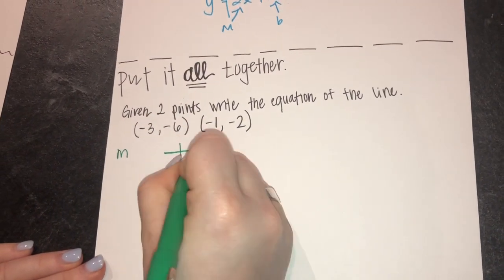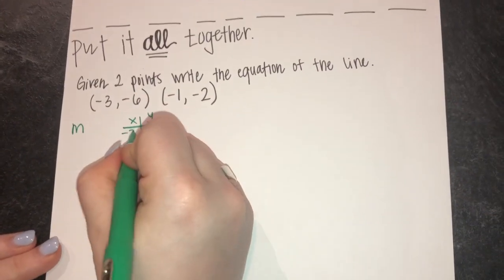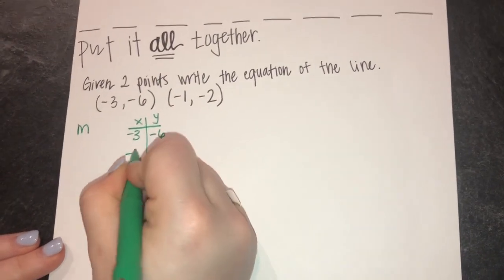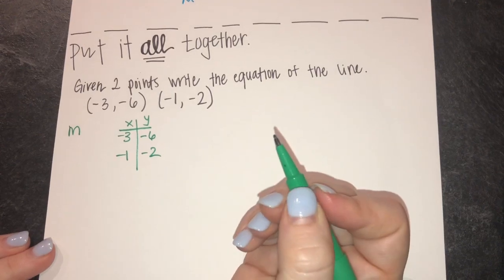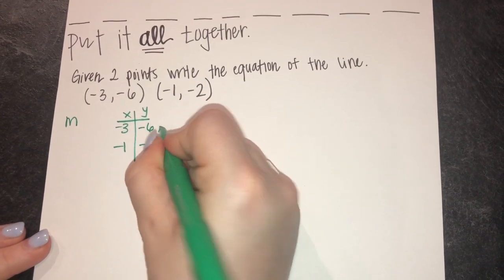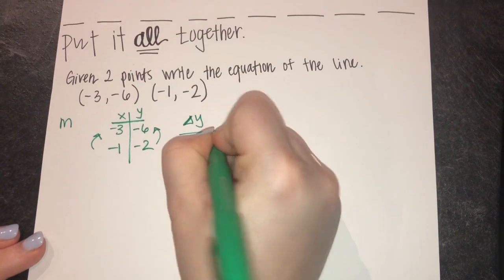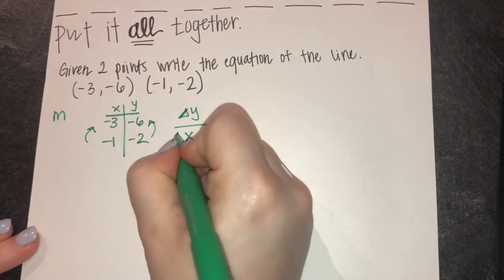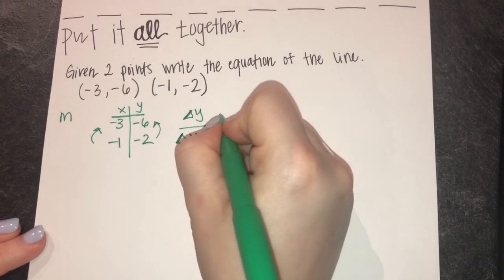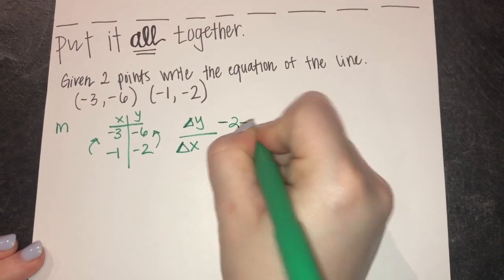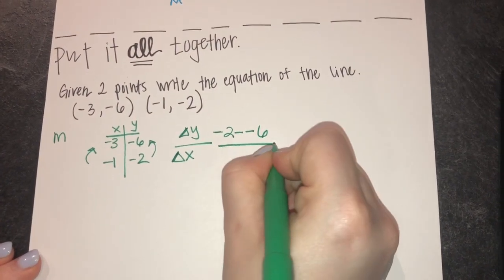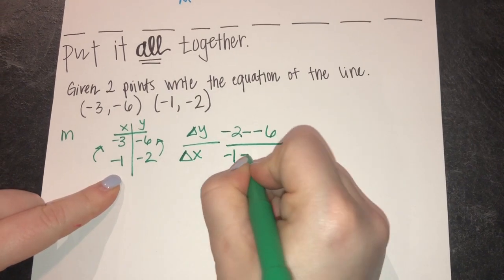So I'm going to take these 2 points and I'm going to put them in a table. So we have -3, -6, -1, -2. All right, we're going to draw our arrows. On top I'm looking for delta y, and on bottom I'm looking for delta x. Remember, delta just means change. So this is -2 minus -6 over -1 minus -3.